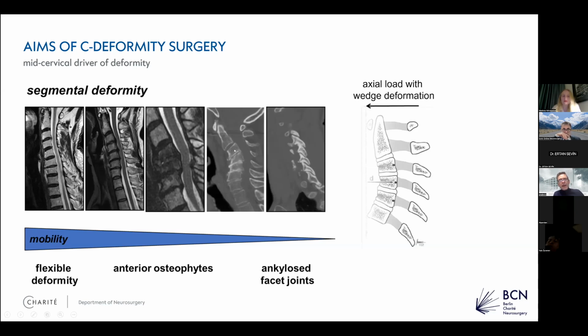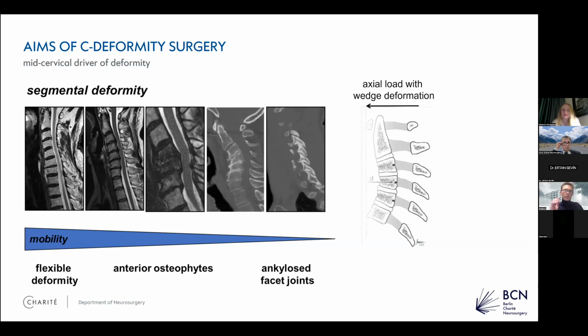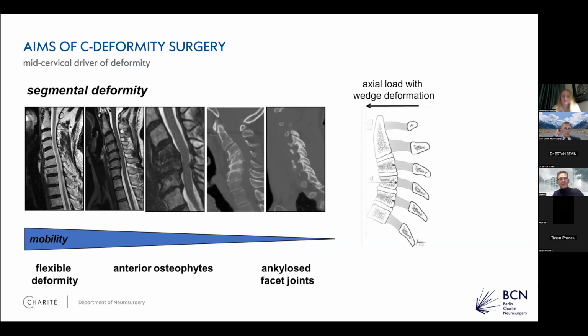Then the patient might develop this S-shaped form of the cervical spine, maybe even with a hyperlordosis of the axial spine, and then you might get some ankylosed facets. And here you have a clear case where the driver of the cervical kyphosis is the cervical spine.